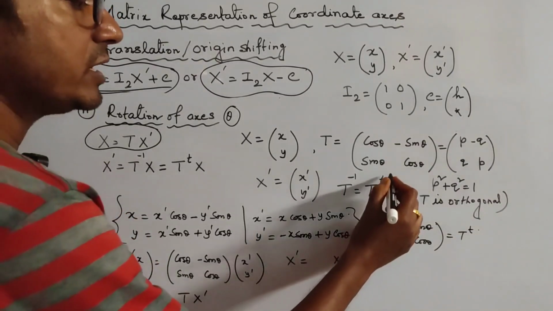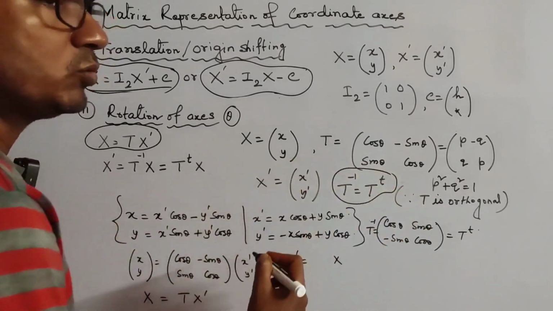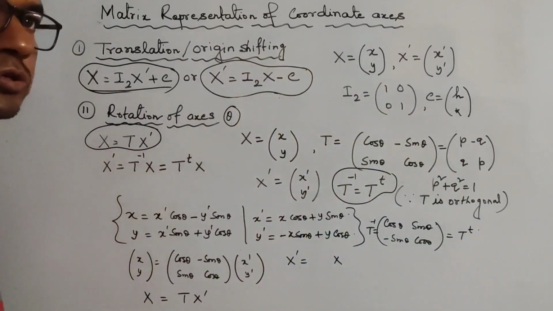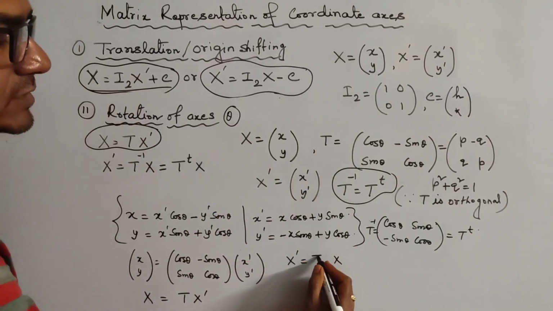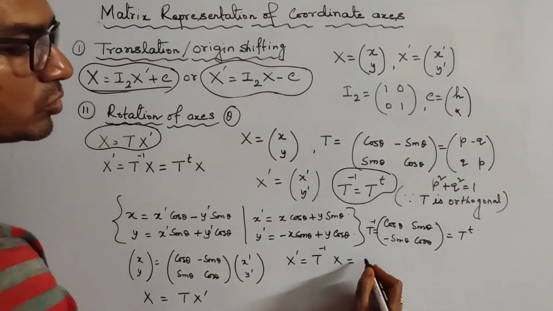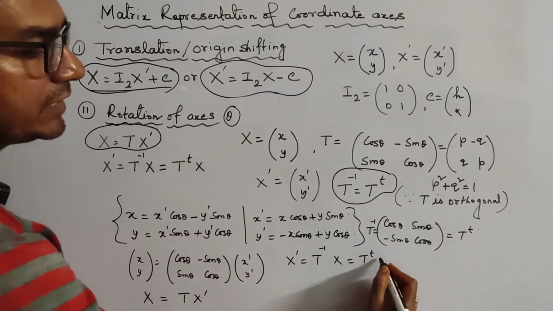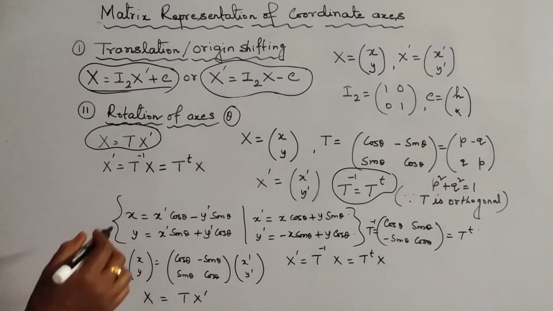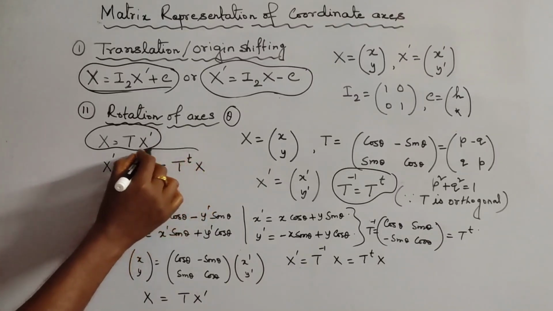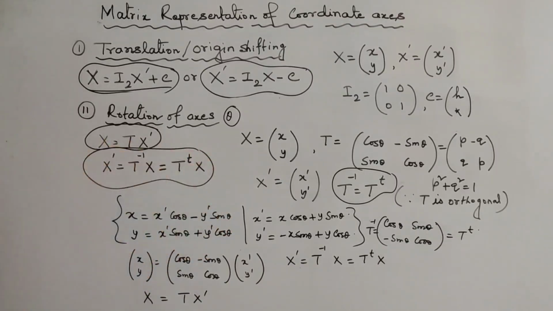Here inverse and transpose are equal because T is orthogonal. So this formula can be written as x dash equals T inverse, or T transpose, times x. So we get the formula of rotation in matrix form.